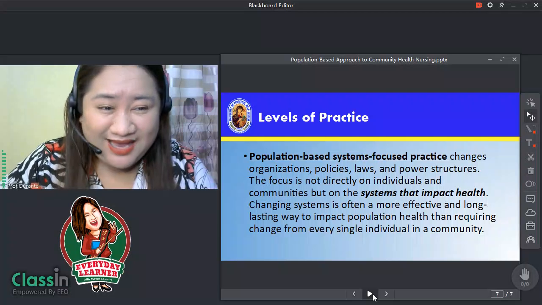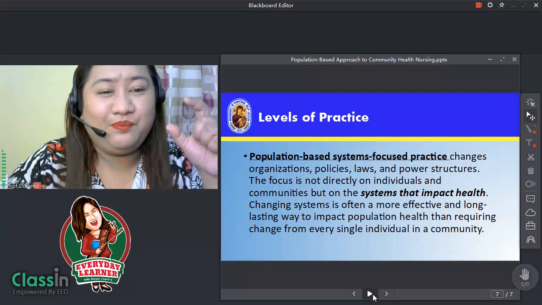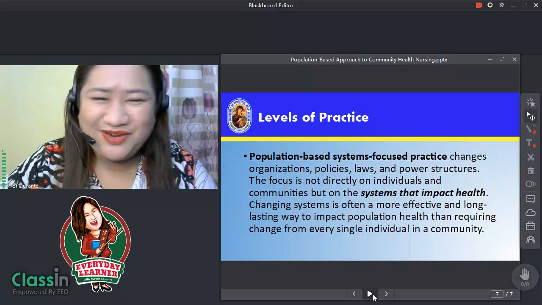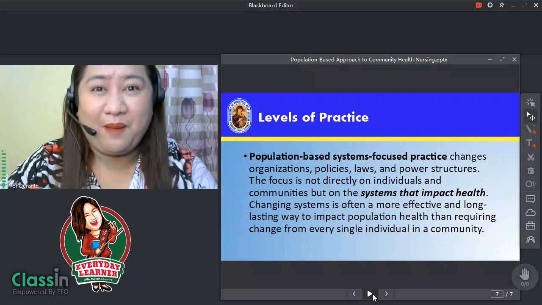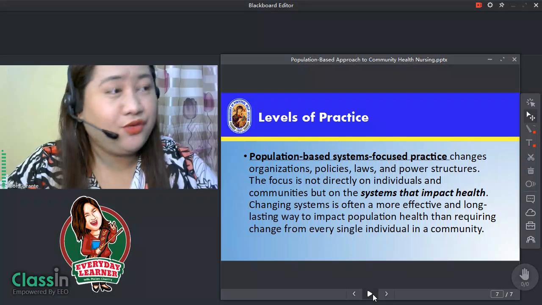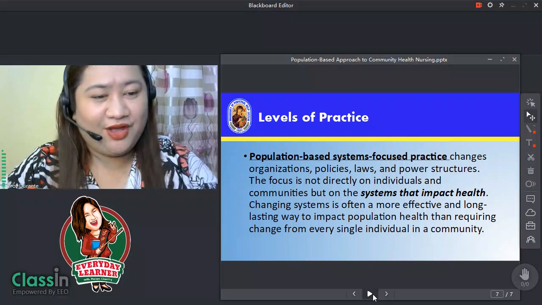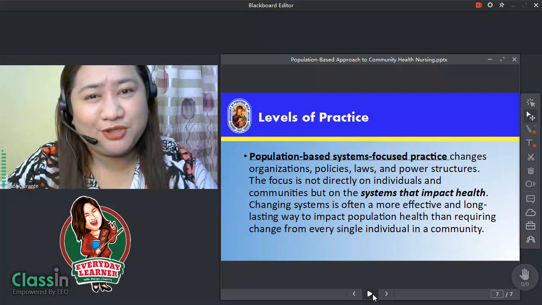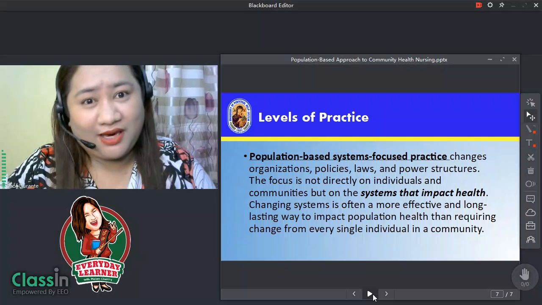So these are now systems focused practices. I hope that you're learning from these different population based approaches when you go to your community health nursing. Okay, so that's my portion of the lecture for this RLE.